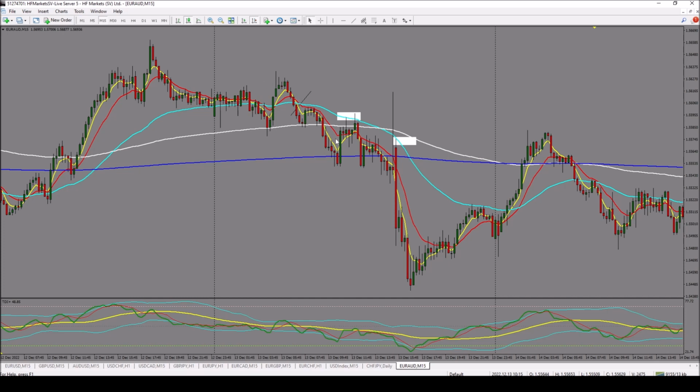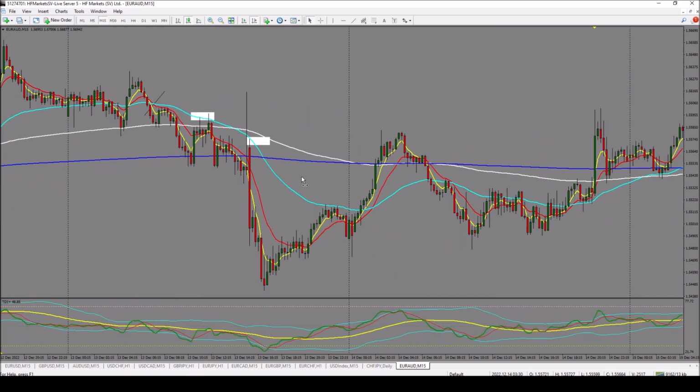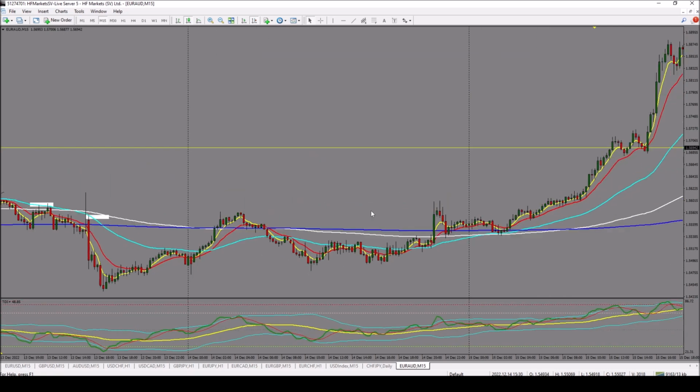So we had crossover, bounce, bounce, and then pattern. Where was our pattern? We can see the first leg, then we could call this the second leg, and it was properly to be traded at this second leg.